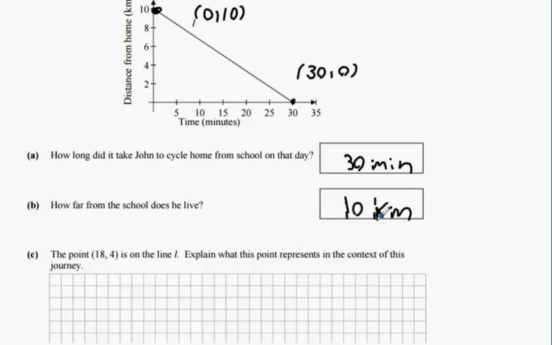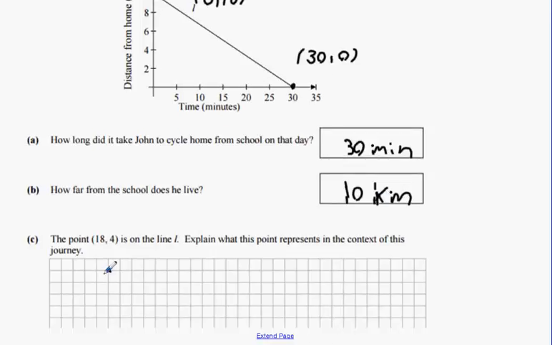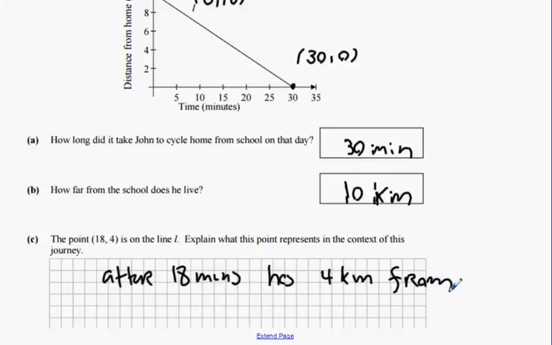The point 18, 4 is on the line. Explain what this means. After 18 minutes, he's 4 kilometers from home. Stop for a second.